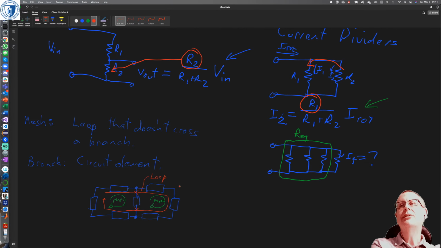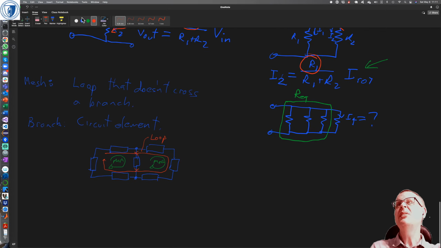Okay, so then let's talk about mesh analysis. Mesh analysis, nodal analysis, superposition, Thevenin and Norton approaches. They're the algorithms, the systematic approaches to solving circuits that we've used in this course.